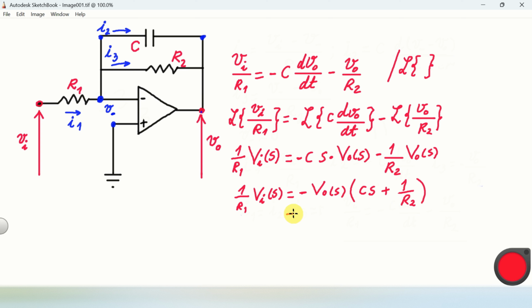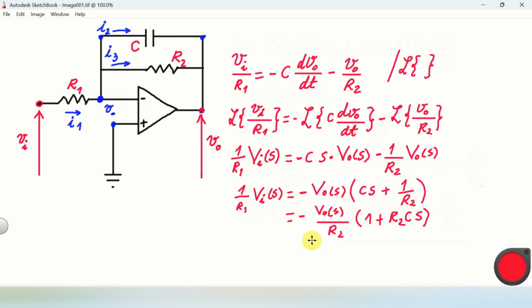This right hand side can be written like this. We can write minus VO of S over R2, since 1 over R2 can go out, and in parentheses we are left with 1 plus R2 CS, and that's it.